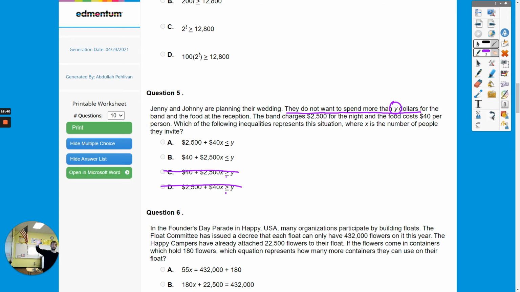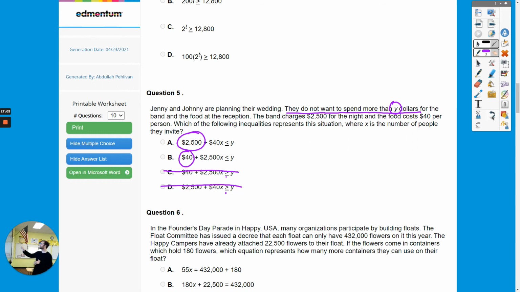Now, again, without even reading the question, let's see the differences between A and B. So according to A, 2,500 is a set number. According to B, $40 is a set number. Now we need to figure out which one is a set number, because one of them is not. Now let's read the question.